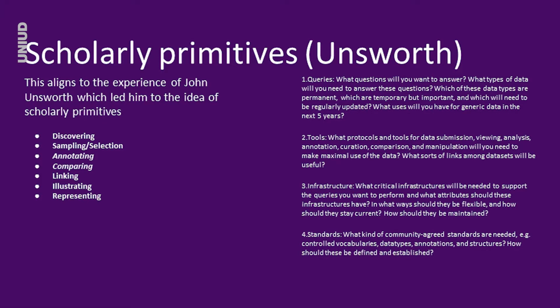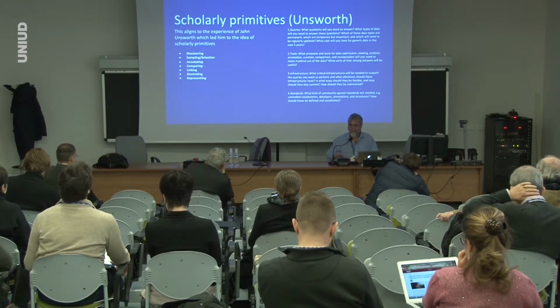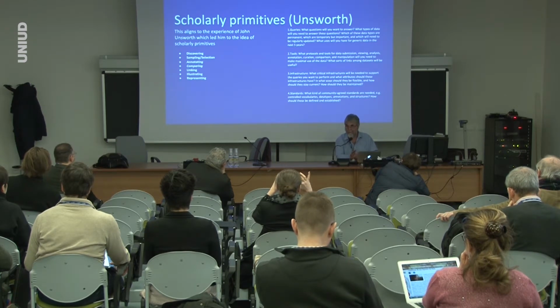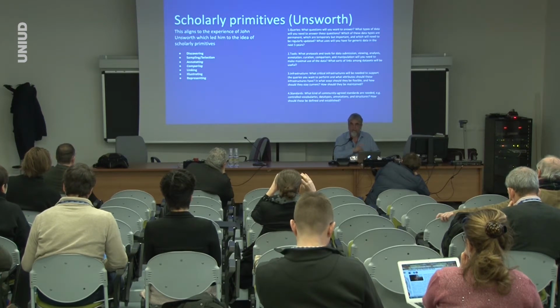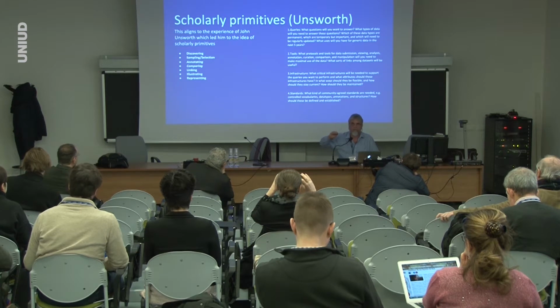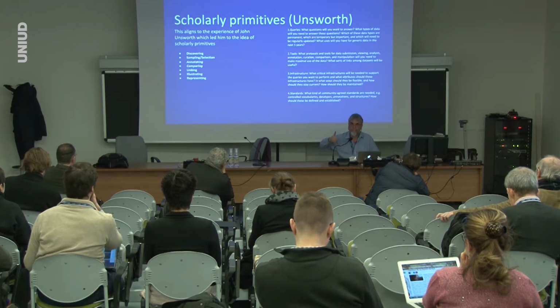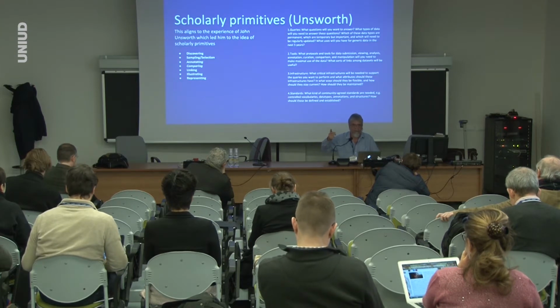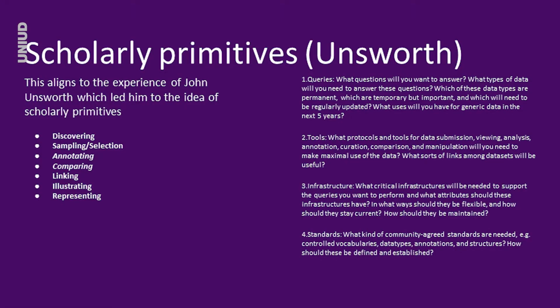I've added one, which is encoding, in the sense that the social scientists use it, but really encoding, the way the social scientists do it in NVivo and MaxQDA, is very similar, I think, to annotating. There's not that much difference. But those primitives as well map to a workflow. Finding stuff, working out how useful it is, finding out what the argument is, and then at the end of the workflow, of course, he's got representing, which is telling the story to people.